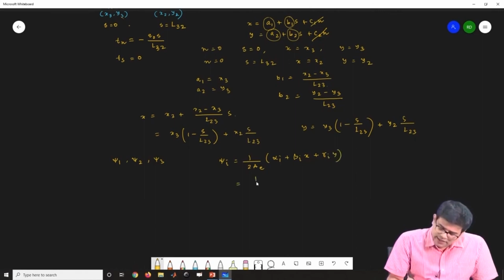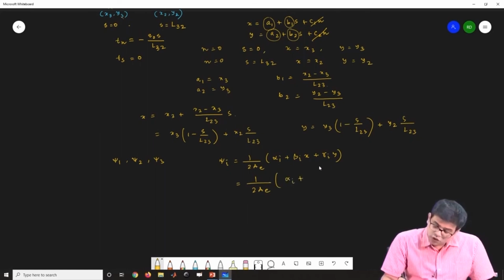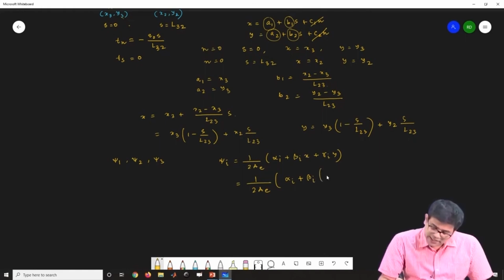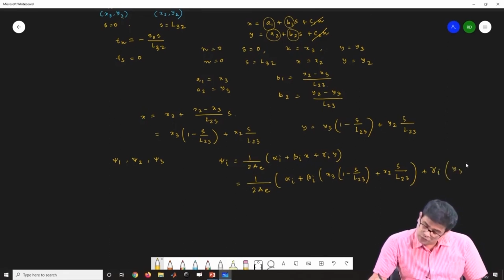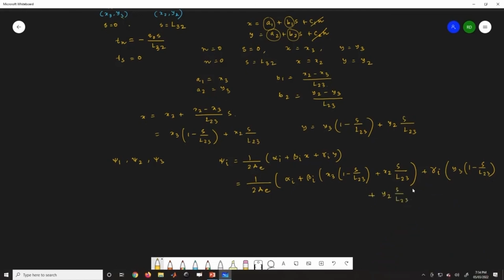Now alpha I plus beta I x, I will substitute this, that is x3 into 1 minus s by L23 plus x2 into s by L23, right, and then gamma I y is similarly y3 into 1 minus s by L23 plus y2 into s by L23, right.